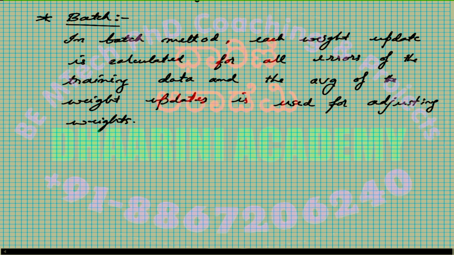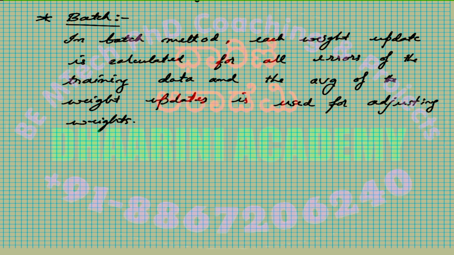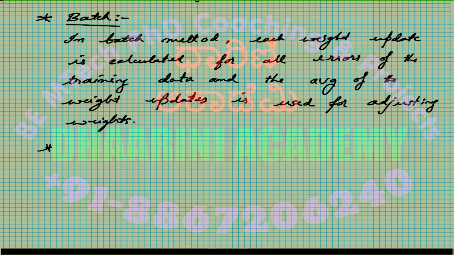As I mentioned, this particular method uses all of the training data and updates once. The whole batch, whatever you have, is going to be considered at once for updation. So I'll write that point as well.